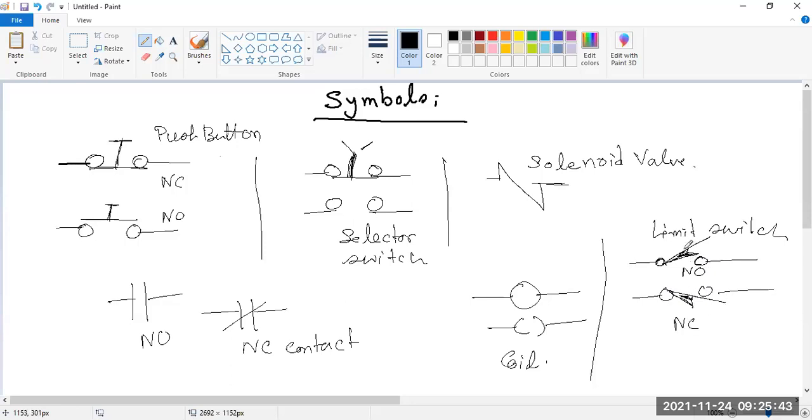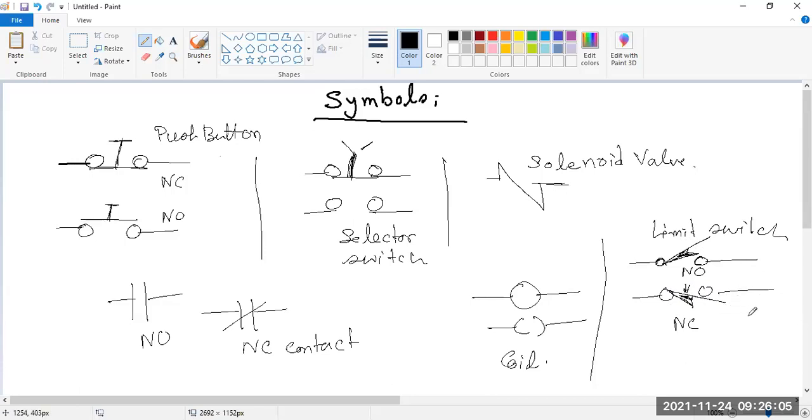Look, this is NO. If you push over here or something is there, then it will only come to the contact. But in this case, this is already at the contact. If you push or give some pressure, then it will go for the disconnect. So this is the NC, normally closed, and then it will be going for the open.